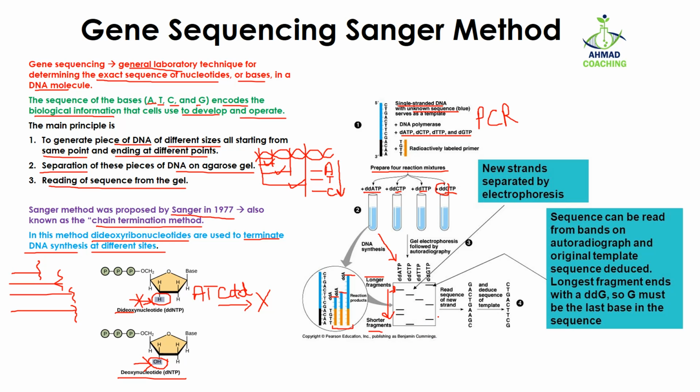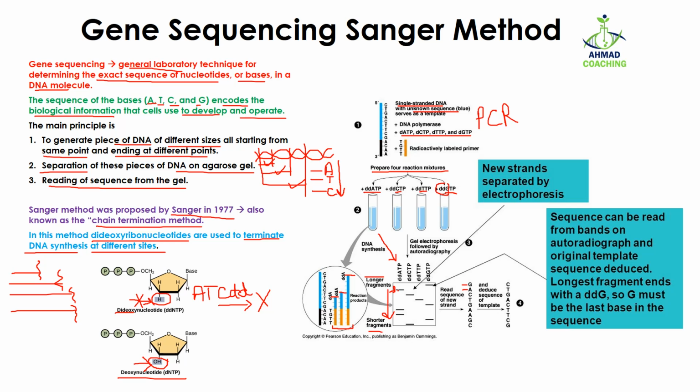Now we are going to start reading our sequence. The first band here is representing G, so we have G. After that we can see that there is no band in this lane, there is no band in this lane, and then we have this band, so we read A. It is like a stair, you are reading the stairs.